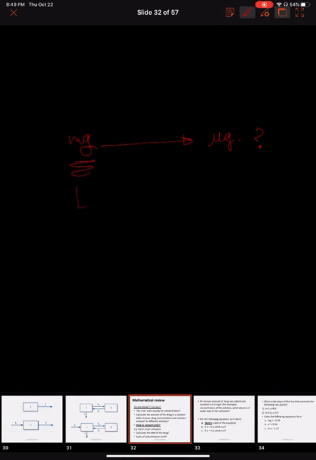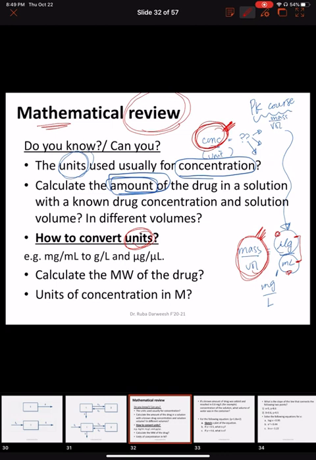If you have your answer in liter, can you convert it to microliter? Those are basics, but you need to know them. And don't tell me in the exam those are chemistry or 101 calculation. This is basics that you should know as a pharmacy student, so I consider you to know those units by default.